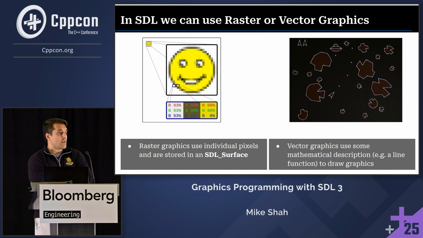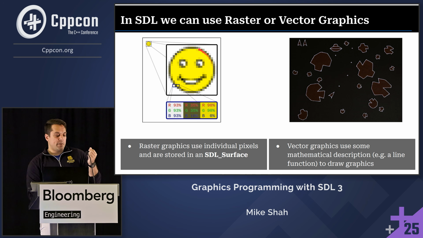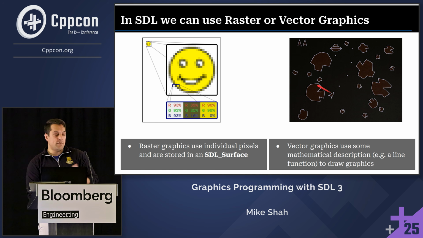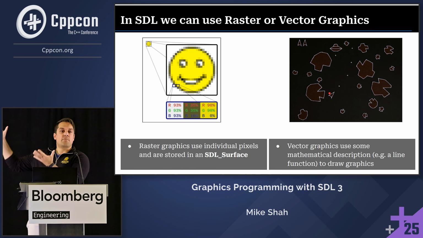But basically, there's two different ways that we could draw graphics. So on the left side, I've got what I call raster-based graphics, which just means I have pixels. Some artist came and individually drew every pixel of this smiley face, one at a time, at a specific size. So that's on the left. And on the right, I have vector-based graphics, which means this scene was created with mathematical functions.